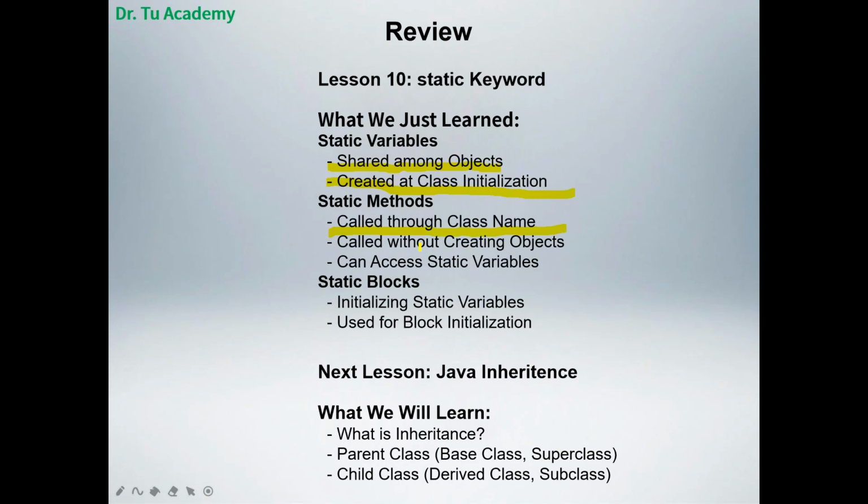So we never use an object name to call a static method. Static methods can access static variables. We also use the static keyword to define static blocks, which initialize the static variables in a batch.